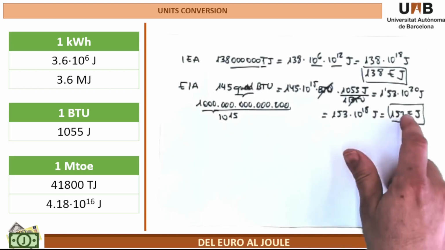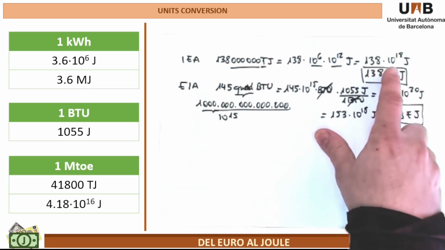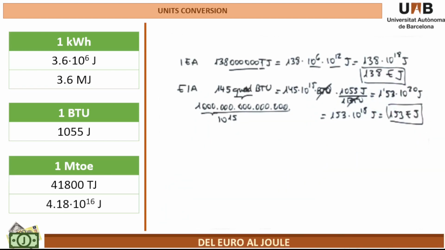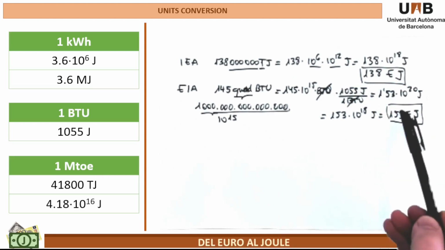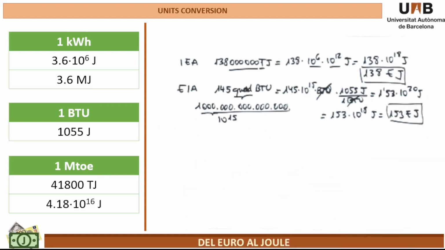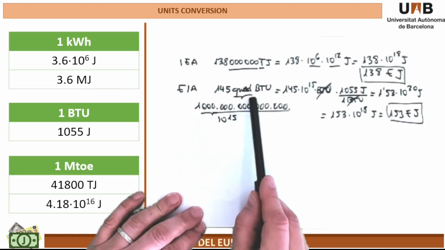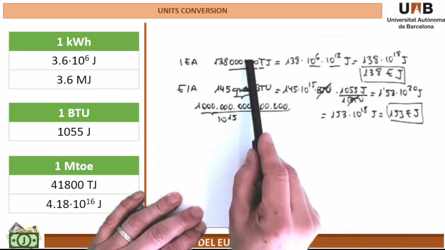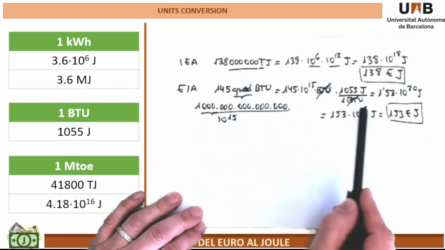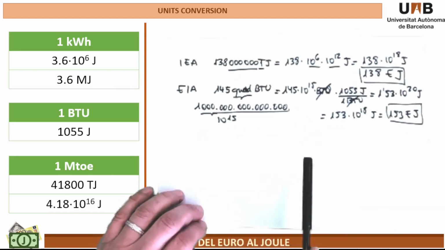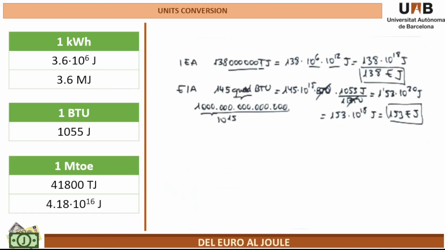And because of this, the two results are not giving the same value, but as they are approximately equal, we can say that more or less they are the same. The important thing here is that in the two websites we have obtained the data in different units, and we have obtained finally approximately the same result.